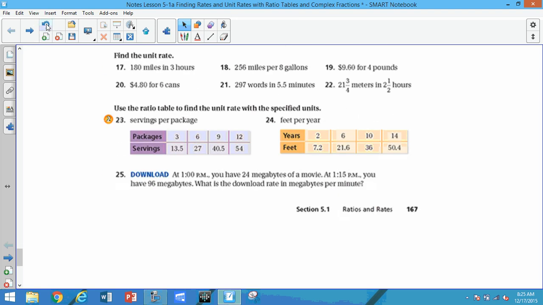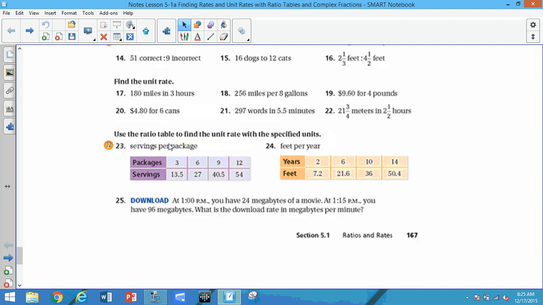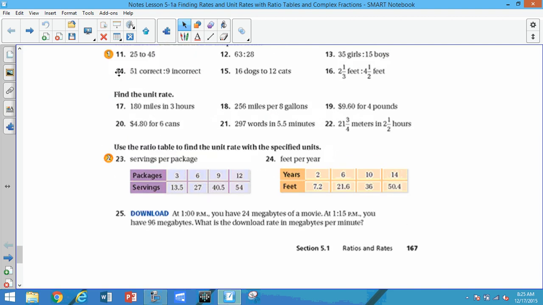See if it comes back to me. I typed all this stuff for you. Sorry, but it's not going to put it there. Darn it. I'm going to have to redo it, I guess.